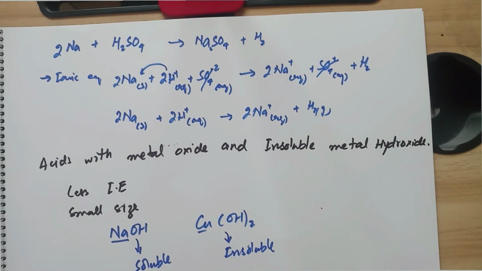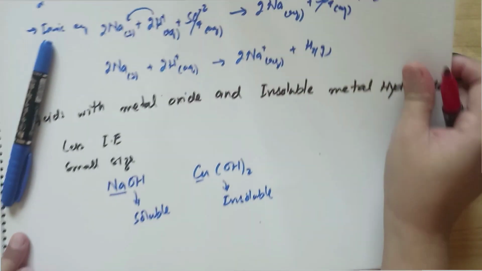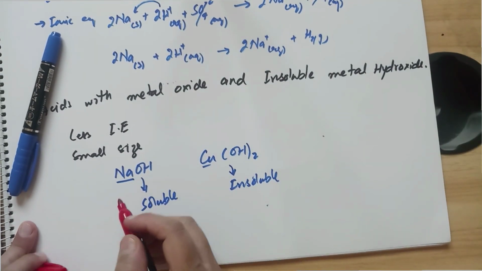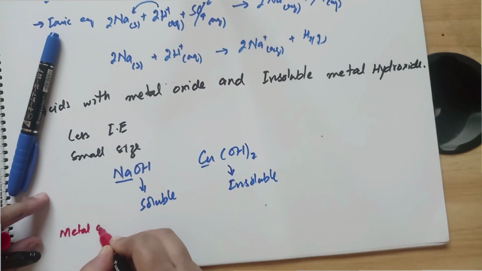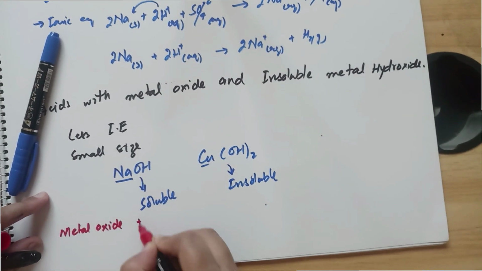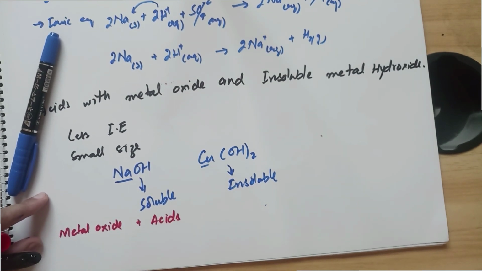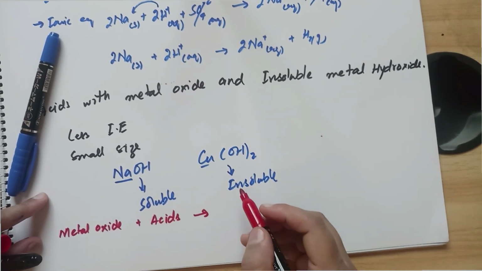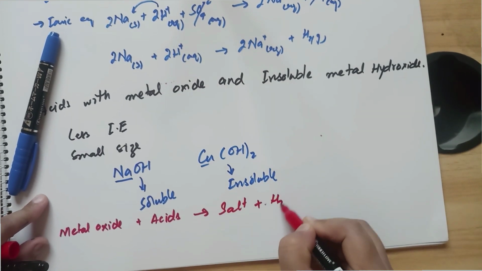Is it clear? So the general reaction for the metal hydroxide and the metal oxide. For the metal oxides, the general reaction is metal oxide plus acids gives us salt and water.